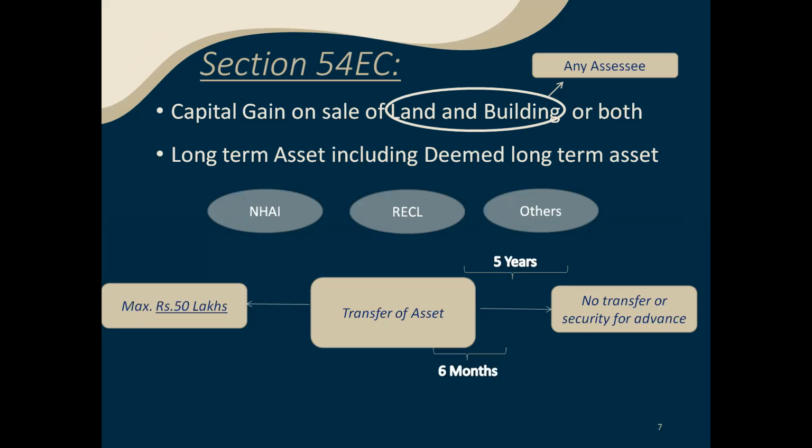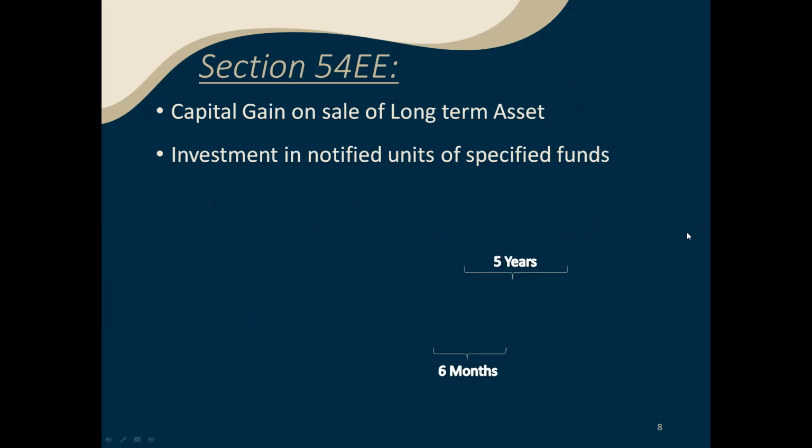And during this 5 years, you shall not transfer such bonds obtained or use them as security for any advance to be obtained. So if there is any lapse in this condition, in that year you will be subject to capital gain. Even the exempted portion will be taxed in that year of lapse. 54EE is kind of the same as 54EC.